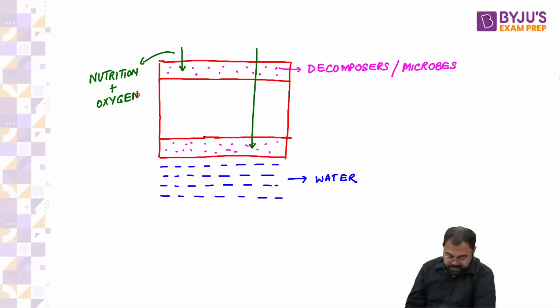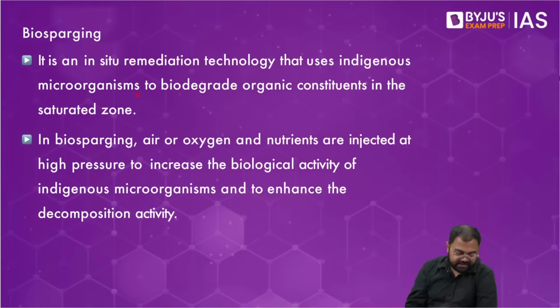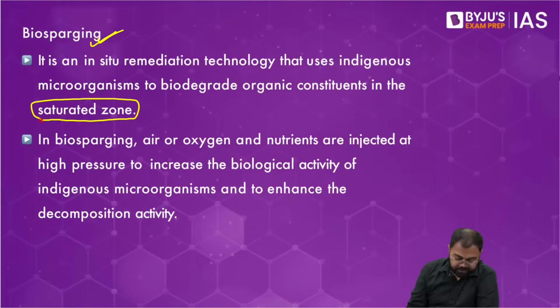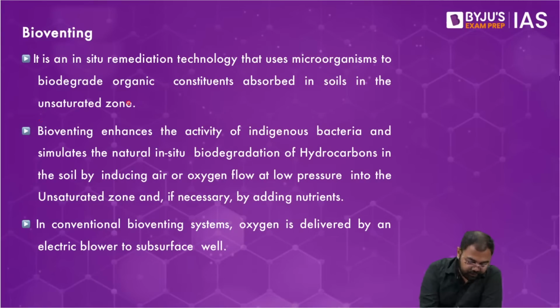Now, when this is being done, in both the cases, whether it is biosparging or bioventing, it is done in a very similar manner. Just the basic difference being that biosparging is something that we do in the saturated zone, versus when it comes to bioventing, we do it in the unsaturated zone.